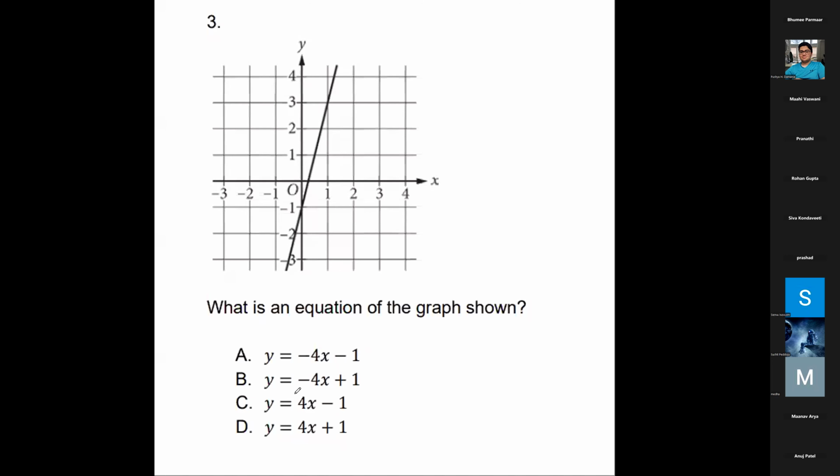Well, we know that it has a positive slope, so it can't be A or B. And we know that the y-intercept is -1, so the correct answer is answer choice C.